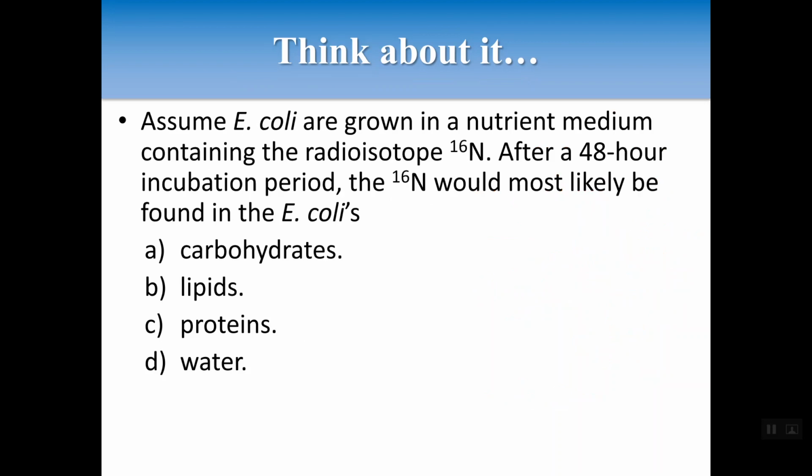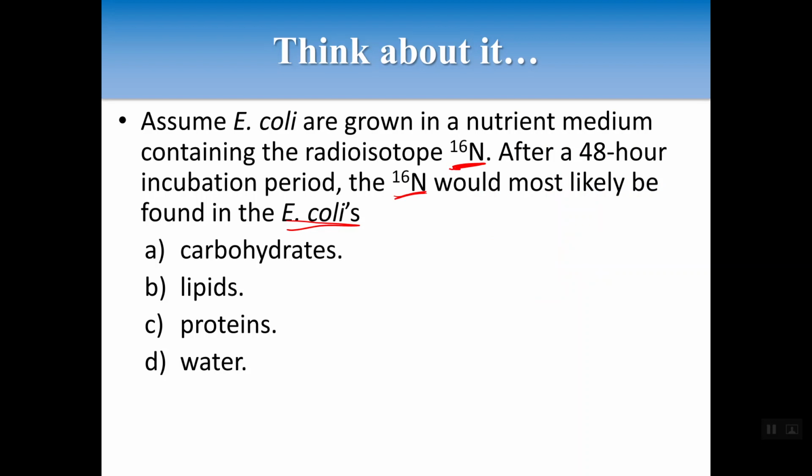Okay, so here's kind of an analytical question. So assume E. coli are grown in a nutrient media containing the radioisotope 16N. After a 48-hour incubation period, the 16N would most likely be found in E. coli's what? Okay, so now this looks a little scary because you're like, oh gosh, radioisotope.